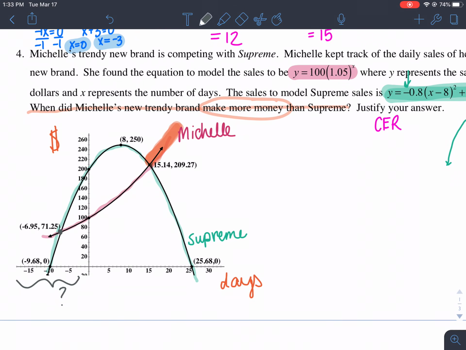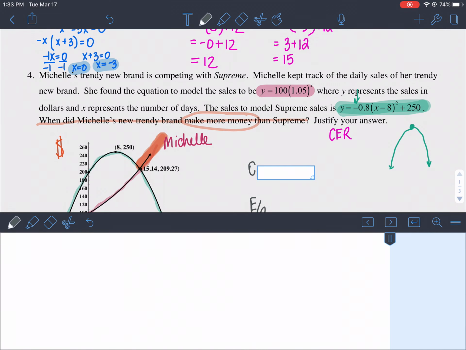So, claim, evidence, and reasoning. Usually those can go together. So my claim, I'm going to try this instead.